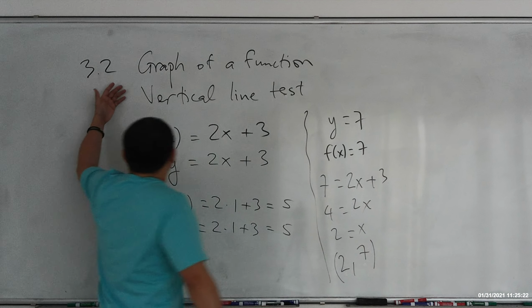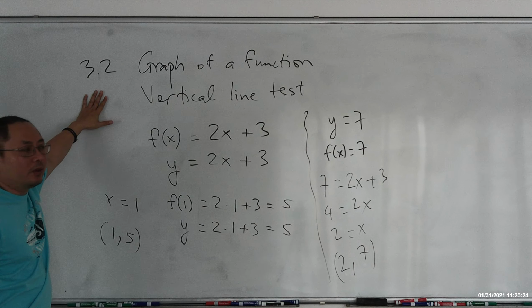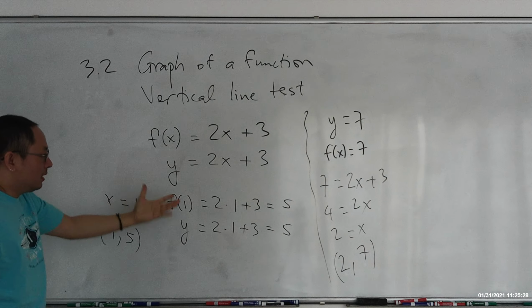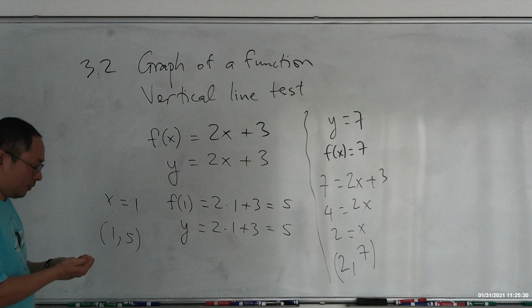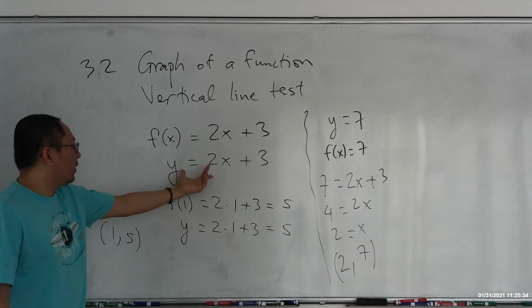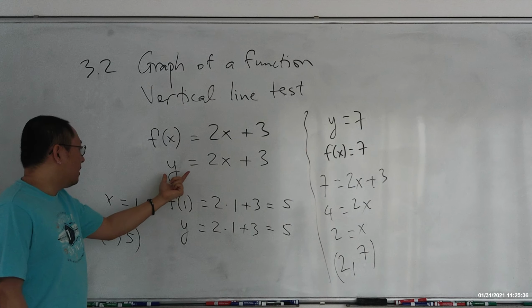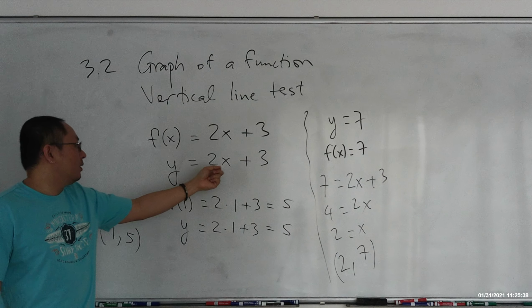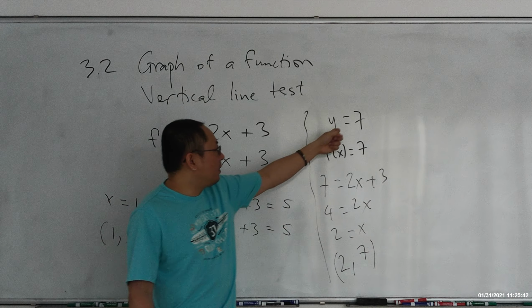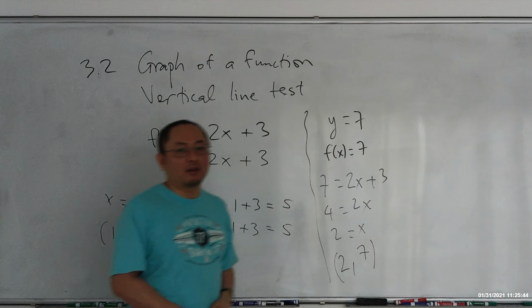So this is really everything about 3.2. That's why I usually combine 3.1 and 3.2 together. Not a big problem here. Say you have a function or an equation, and you want to find a point on the graph. If you're given an x value, you can calculate y. Or the other way around, if you're given a y value, you can calculate x.